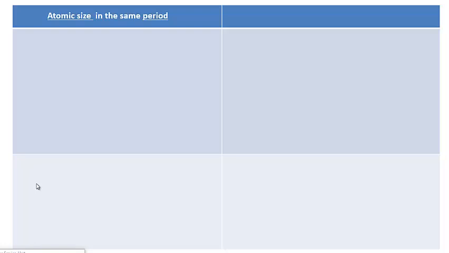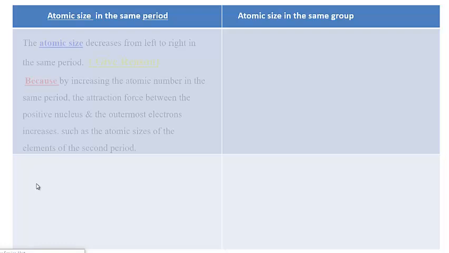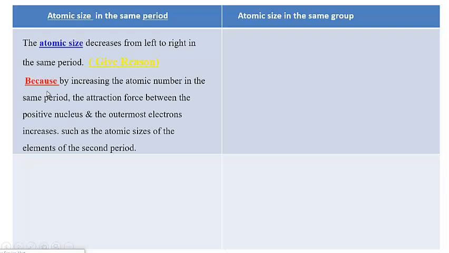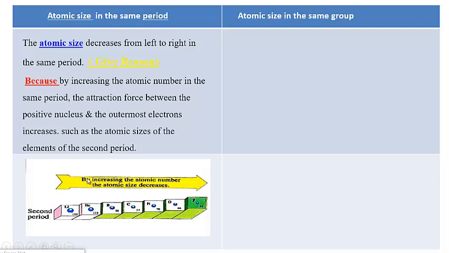Now I will explain why the atomic size in the same period decreases from left to right. Focus on the direction of the decreasing of the atomic size from left to right. Why? Because by increasing the atomic number in the same period, the attraction force between the positive nucleus and the outermost electrons will increase.